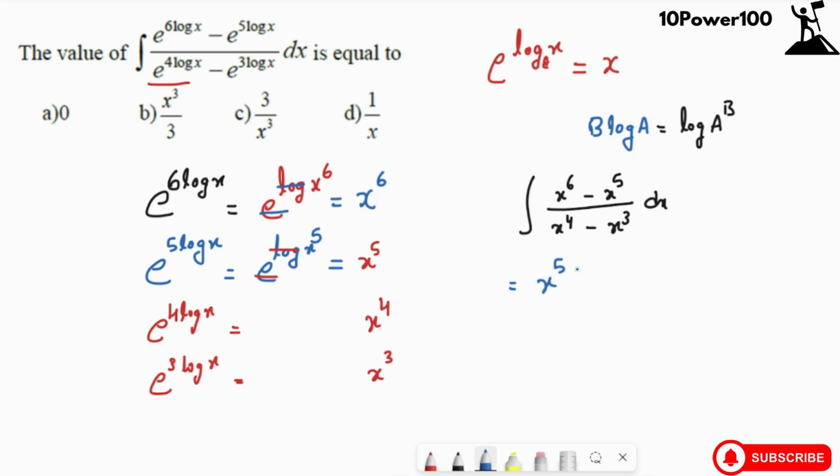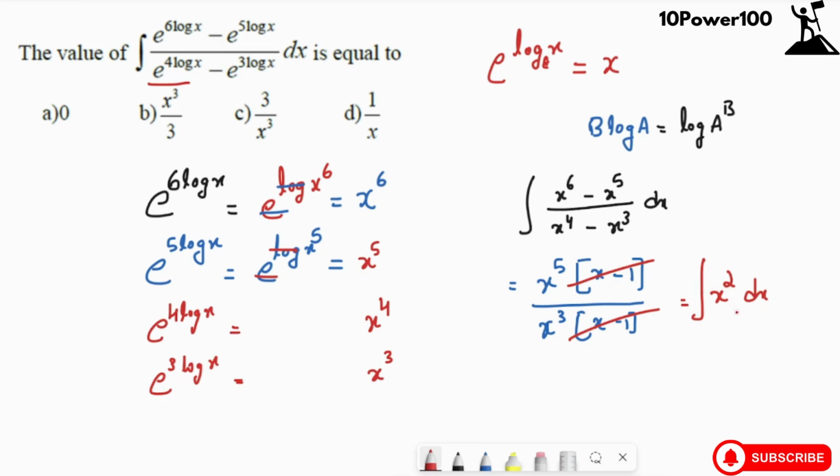What is left out is x minus 1. And in the denominator, the least power is x power 3, I'll take that common. It is x minus 1. So we'll cancel x minus 1 and x minus 1. What is x power 5 by x power 3? It becomes x power 2. Now I'll put integration and dx.